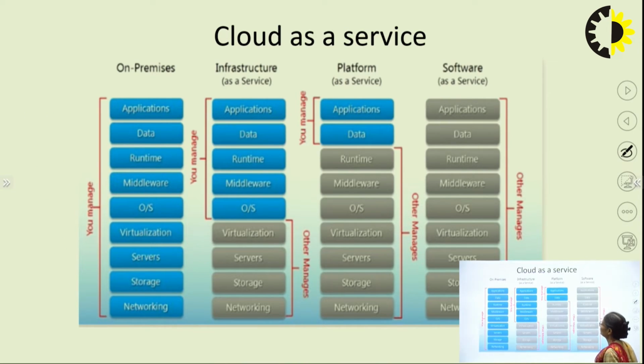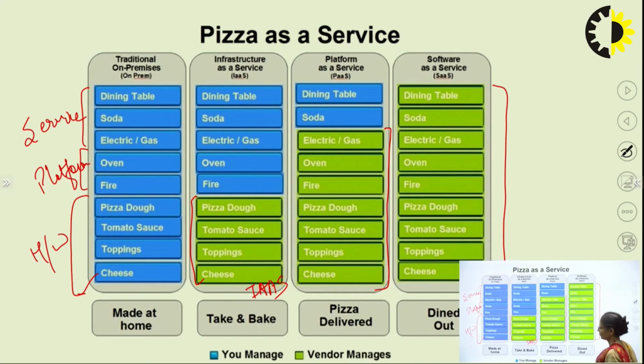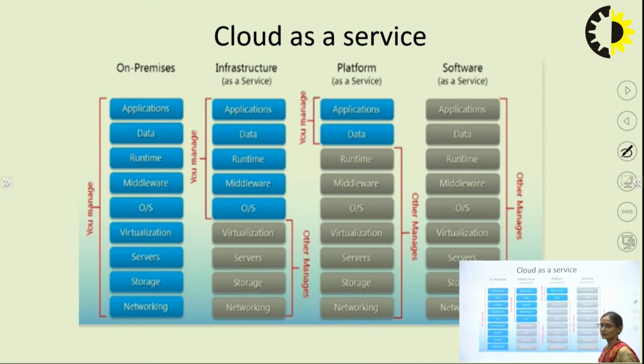So when we compare that particular concept, that is your pizza as a service model, with the cloud as a service concept, then in the case of on-premise, everything is managed by the organization: networking, storage, servers, virtualization, OS, middleware, runtime, data, applications.